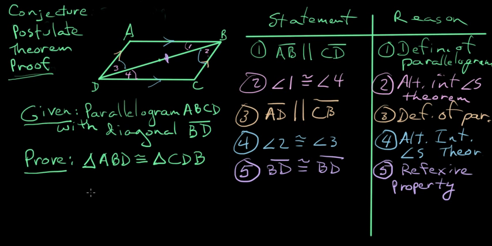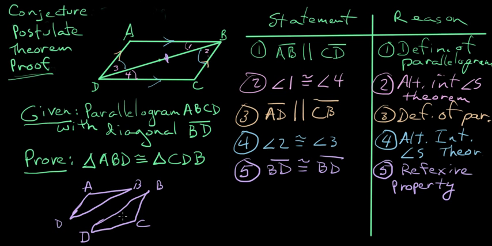So think about this. If I have triangle ABD up here, and I have triangle CBD, I've got this congruent to this. I got this angle congruent to this angle.